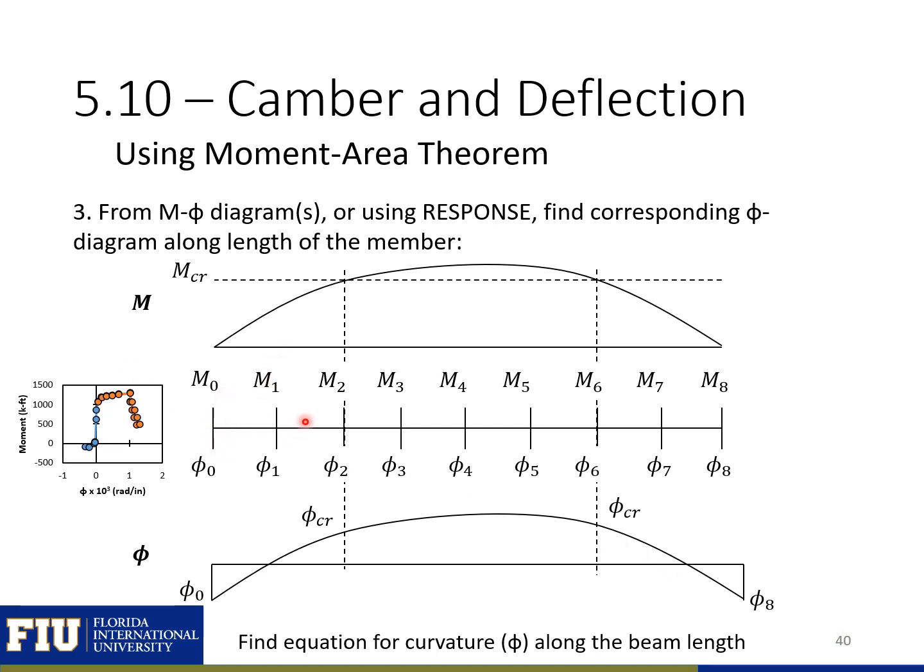Essentially, you would break up your member into a number of different discretizations and then determine the moment at each point, and then use your moment curvature diagram to determine the curvature under that moment at this point. So doing that, we can figure out our curvature diagram along the length of the beam.